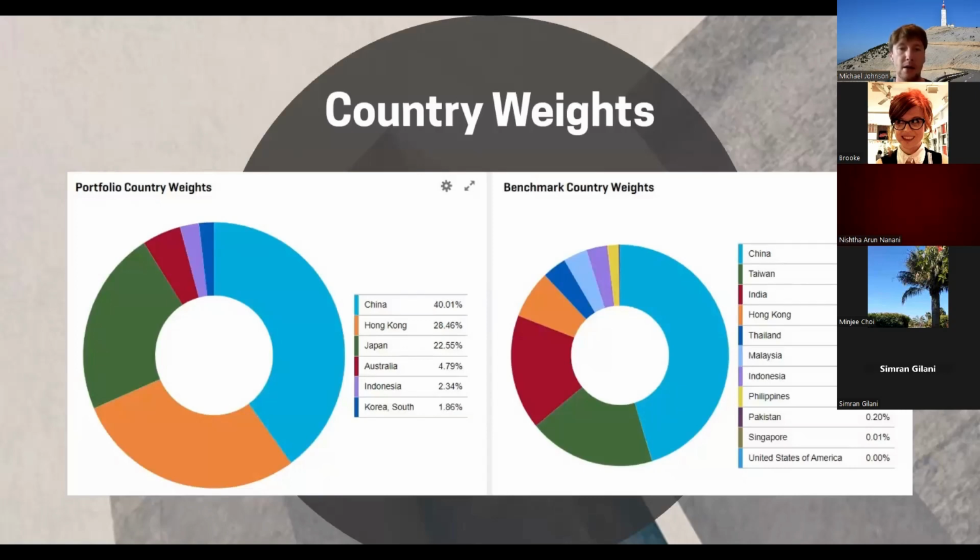And then investing in all of these other areas for the other 50% using exchange traded funds to invest in China, Taiwan, India, Hong Kong, Thailand, Malaysia, Indonesia, Philippines, Pakistan, Singapore. So yeah, do that.